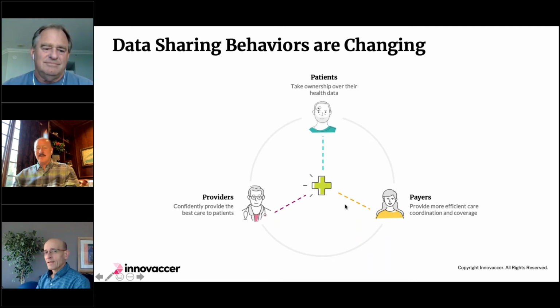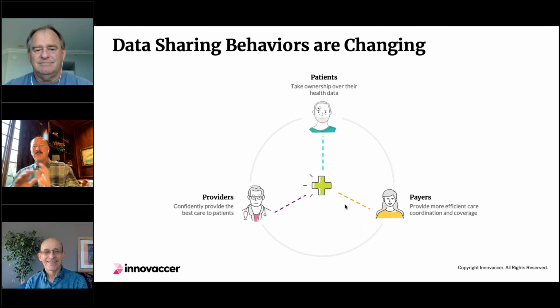Well, I think it's the first time we really said payer here. And I think it's important to say that because that's a whole other dimension to this discussion, right? You have to say it's all of those. And for me, I always would put the patient in the center of everything we were trying to do. I did that because I could understand and have a lot of empathy for a patient because I'm one myself.